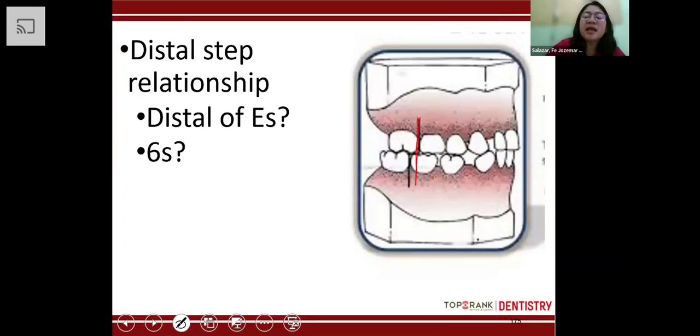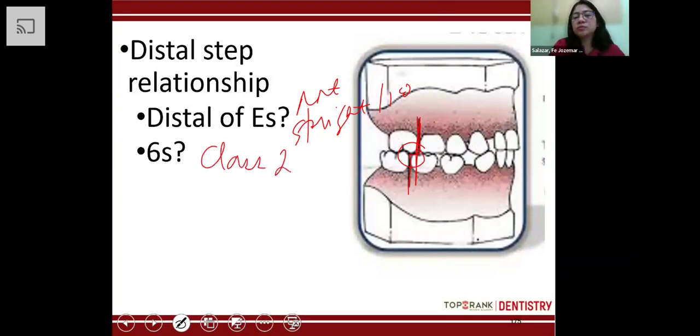Now, the third type is the distal step. We look again at the second molars. Do they fall on a straight line? No, it's not a straight line. Why is that so? Because your mandibular second molar is more distal than your maxillary second molar, creating the distal step. Now, when the sixes erupt, they erupt class 2.